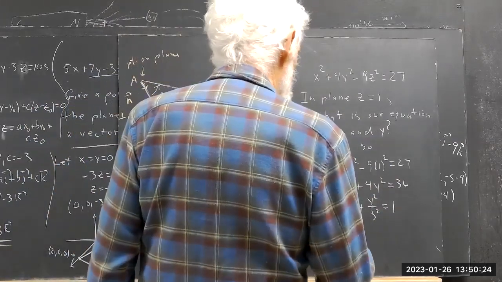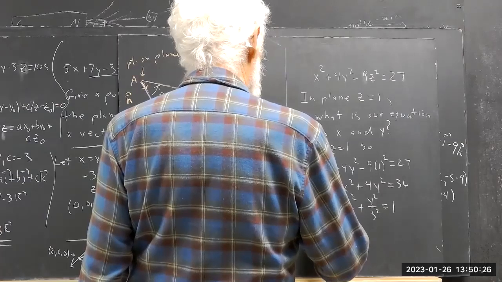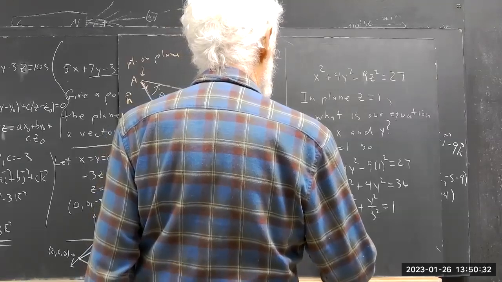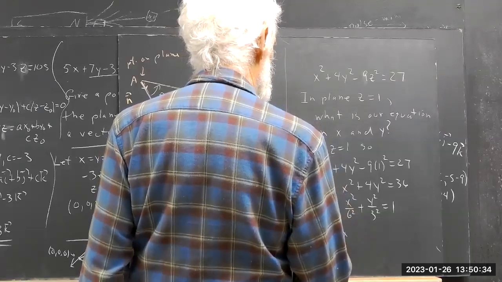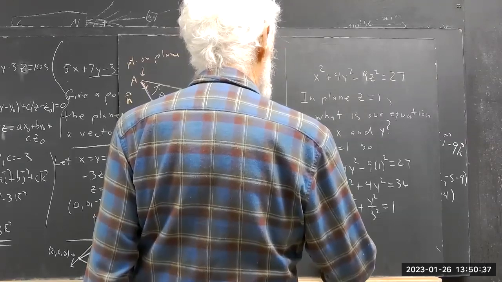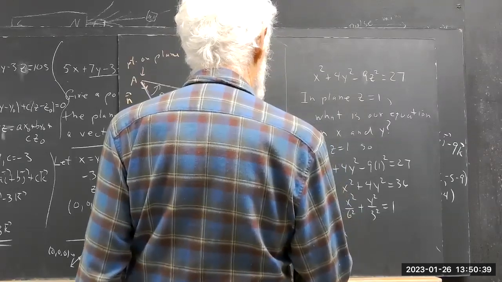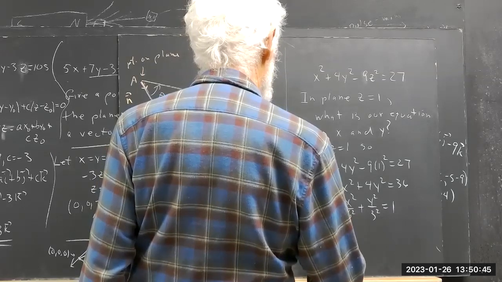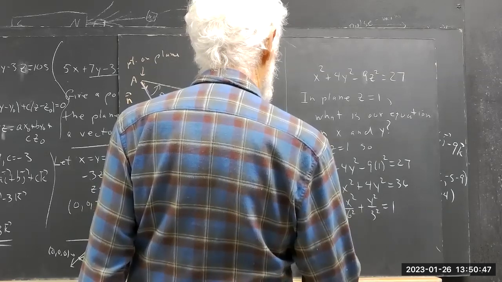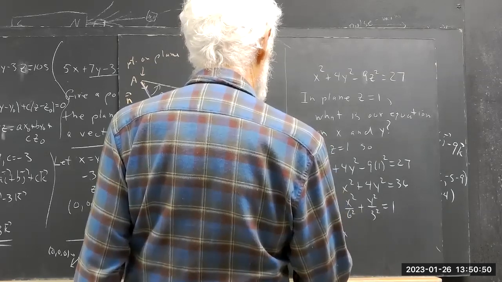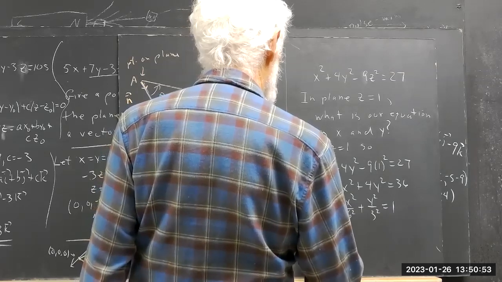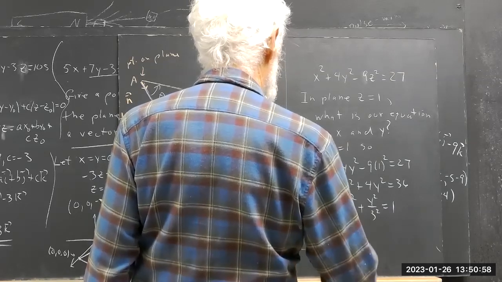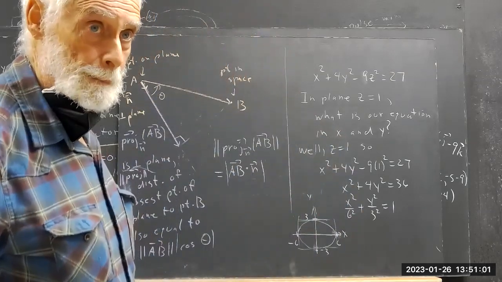What does that mean? If we're in the xy plane, as I showed you earlier, there's a lot more to the ellipse than this. There's focus and profile and all that stuff. But we know that the ellipse goes inside this box.